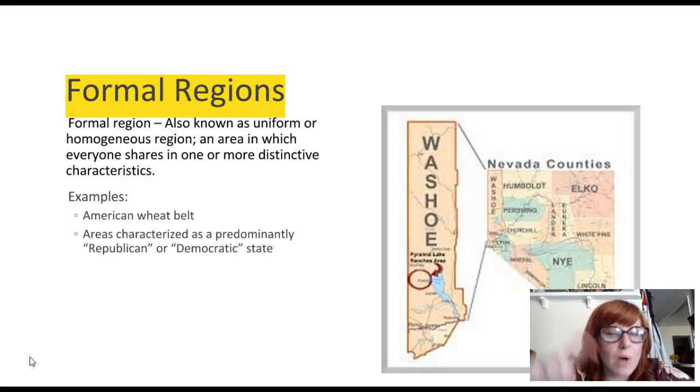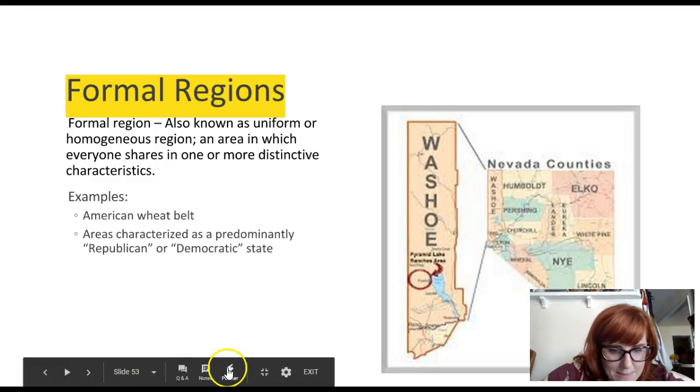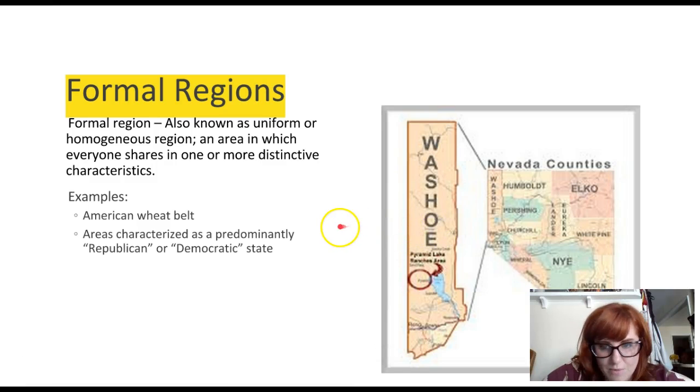Everyone within a formal region has a distinctive characteristic. A good example would be something like Washoe County, right? Everyone who lives in Washoe County has something in common by being all residents of Washoe County, okay? So that would be an example of a formal region.